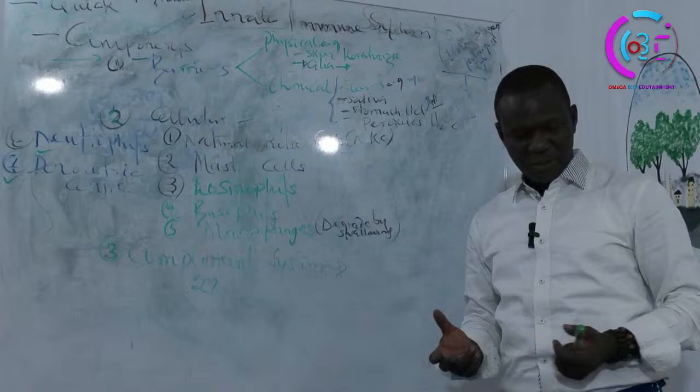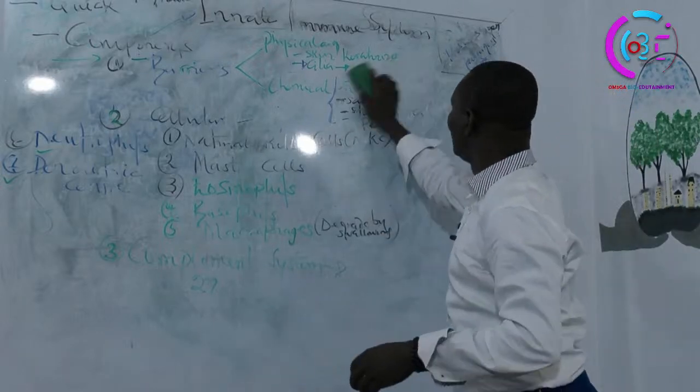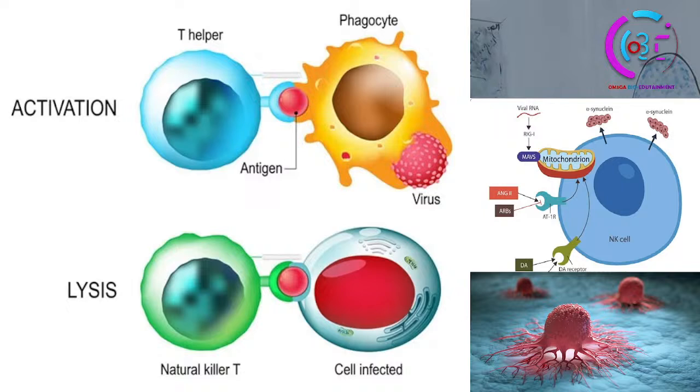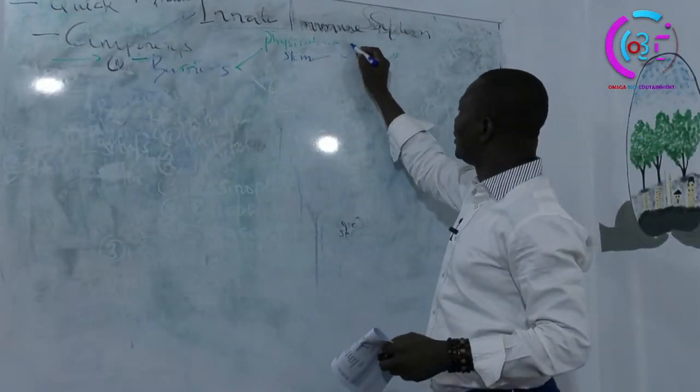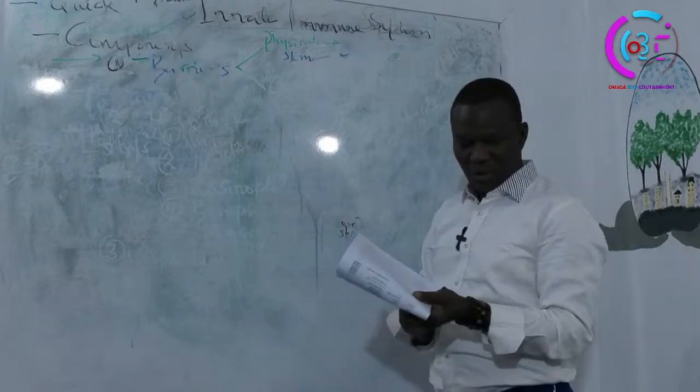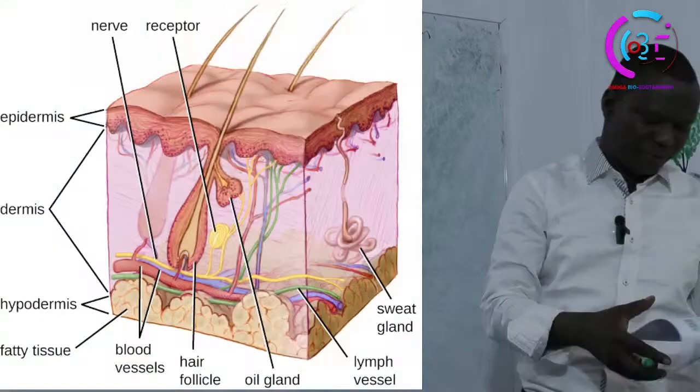We are going to start picking them one after the other. If we are to start, we are going to start with the first major component, which has to do with the physical barrier. Now, I told you that the skin will serve as a barrier, preventing the establishment of infectious agents in the host, and that is because it has a layer that is called epithelial cells.